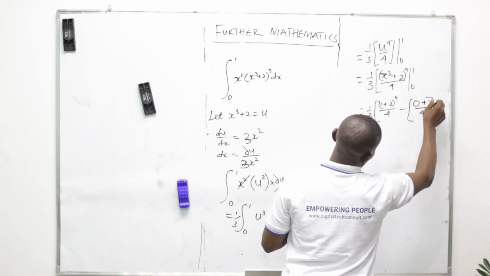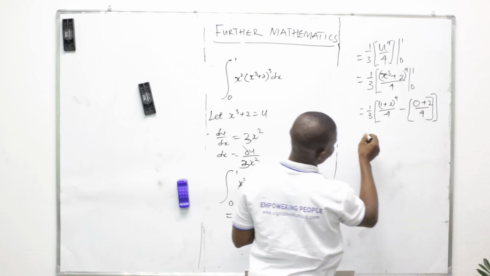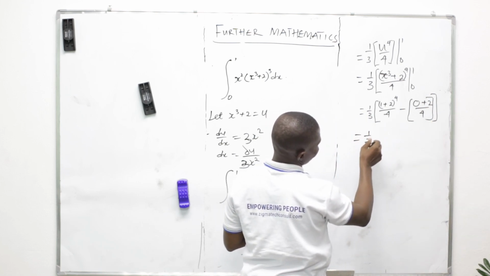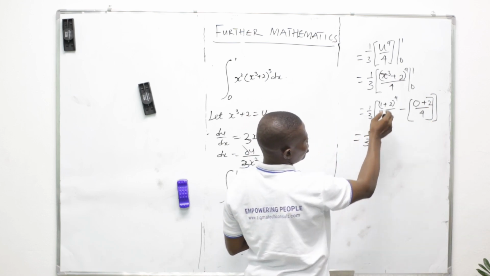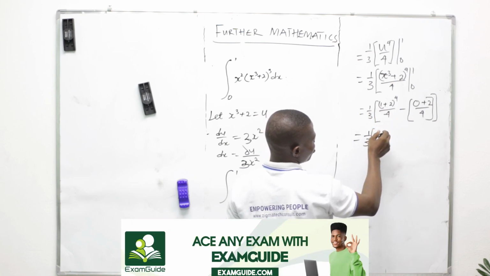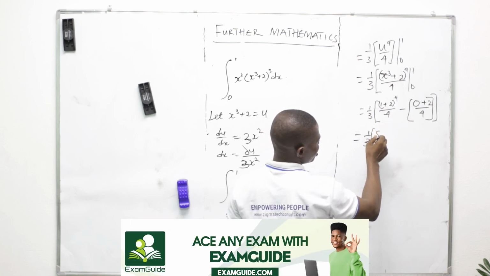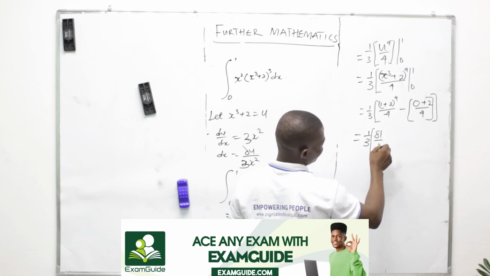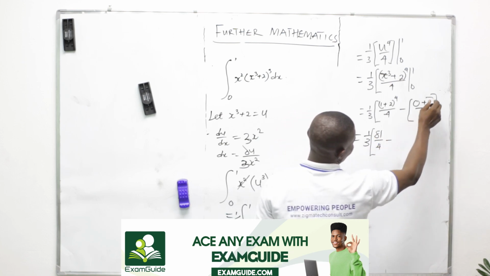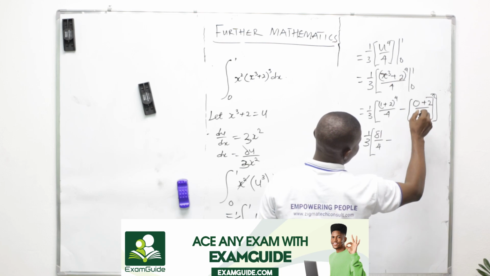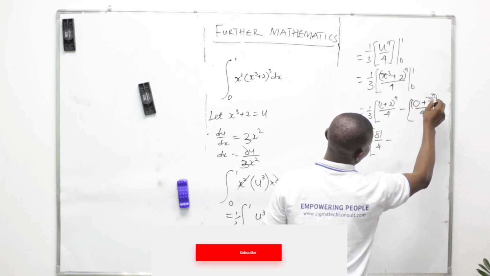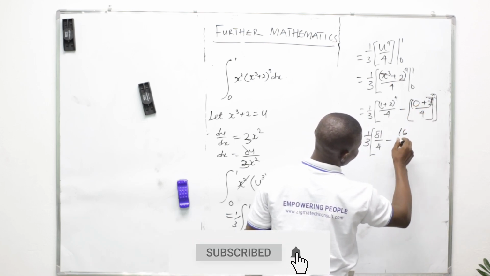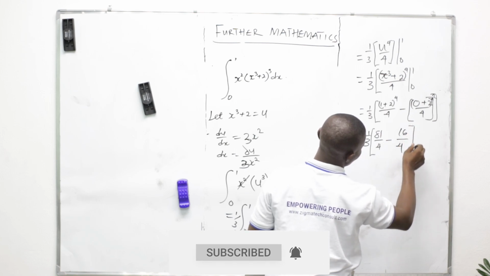It will not give 0, because at 0 we have 2 to the power 4 all over 4. So 1 over 3 into 3 to the power 4, which is 81 all over 4, minus 2 to the power 4, which is 16 all over 4.